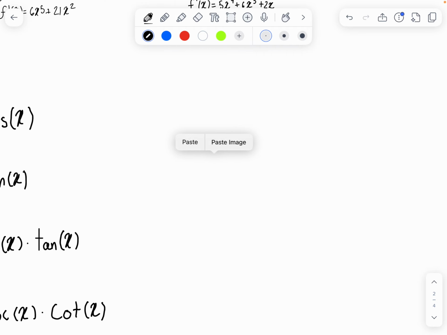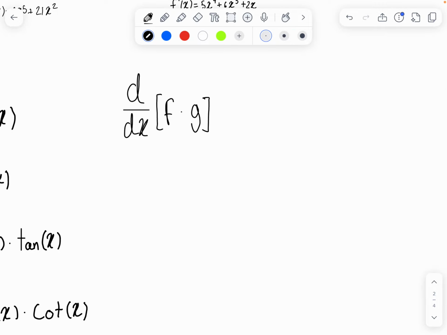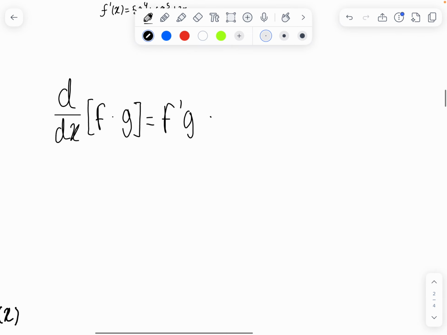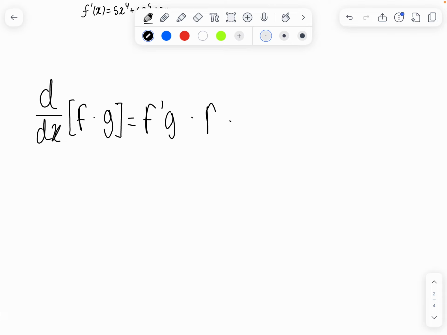If you want to multiply two functions, so let's say d over dx of f times g, where f and g just represent functions, that equals f prime times g plus f times g prime. Okay, and that's one formula.